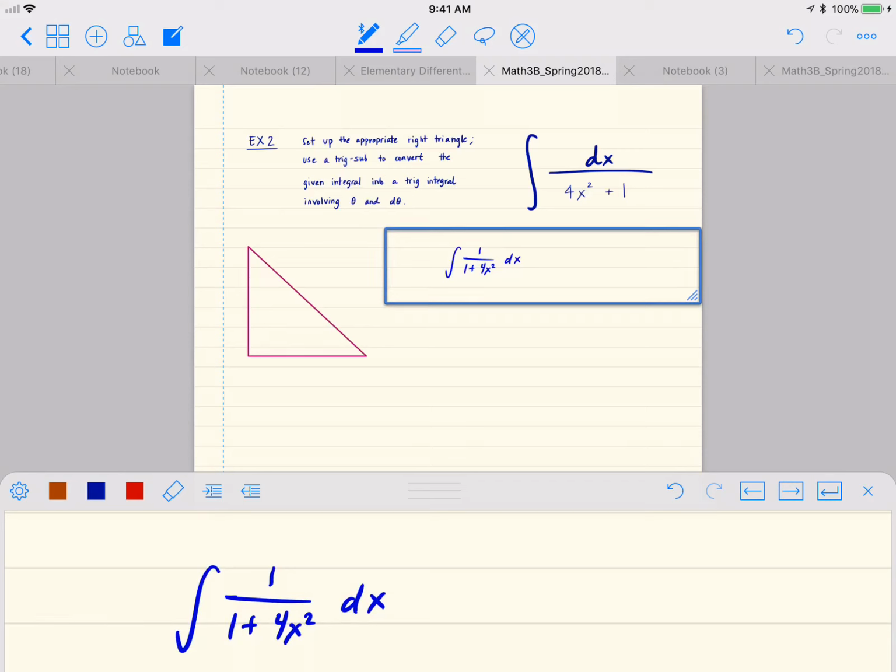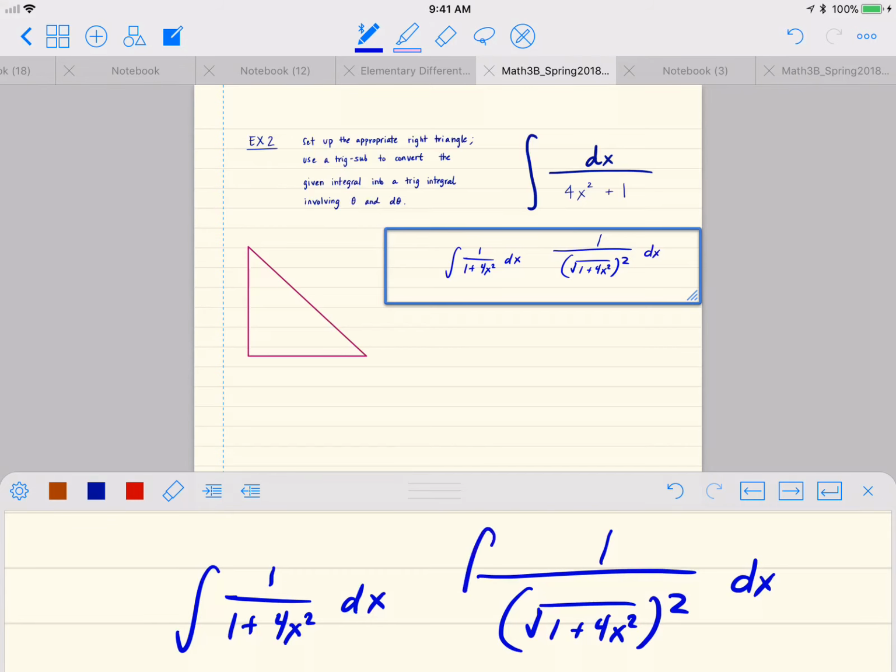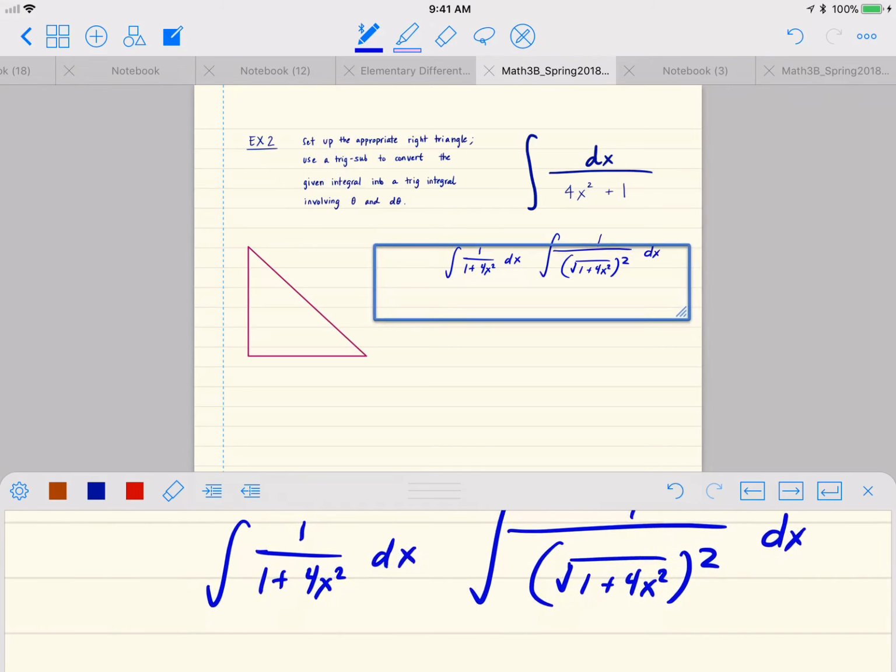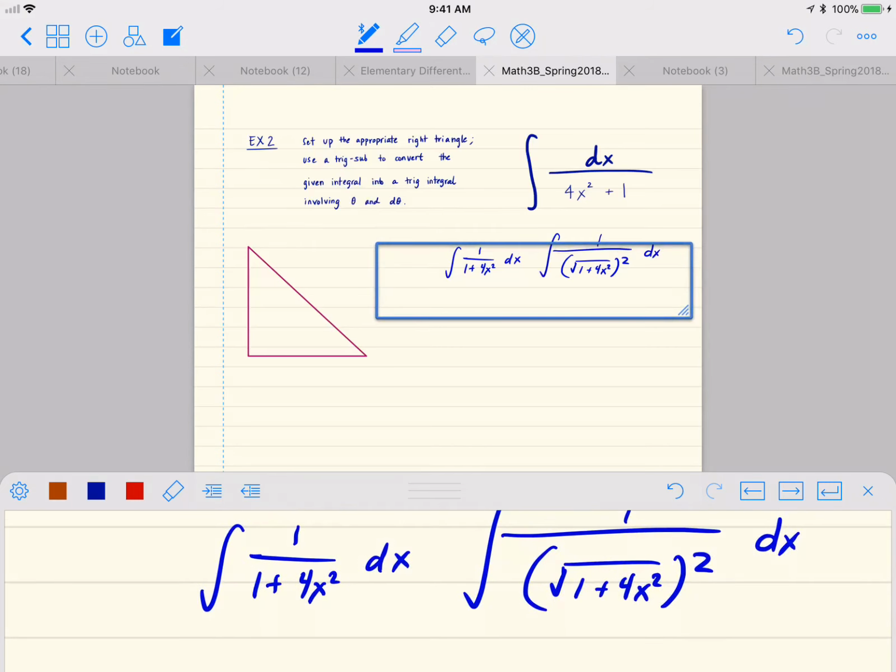You can think of that as 1 over the square root of 1 plus 4x squared, squared. So even though there isn't a square root showing explicitly in the problem, we can just rewrite it. You know there is a square root involved because you can think of the square root squared. Okay?